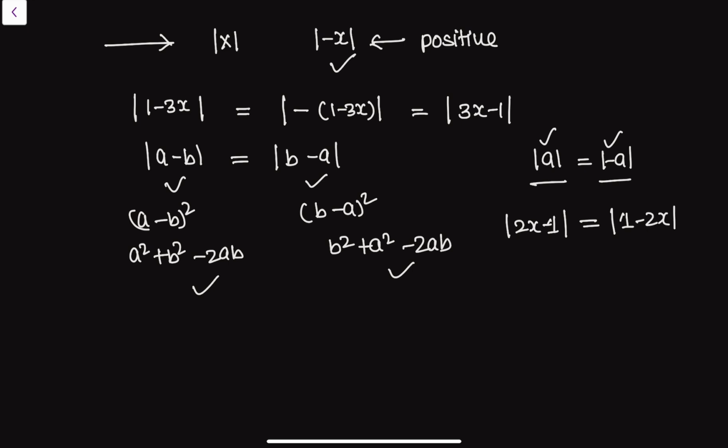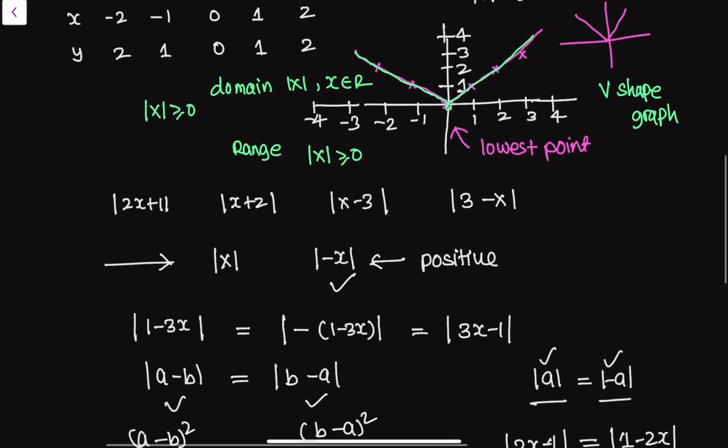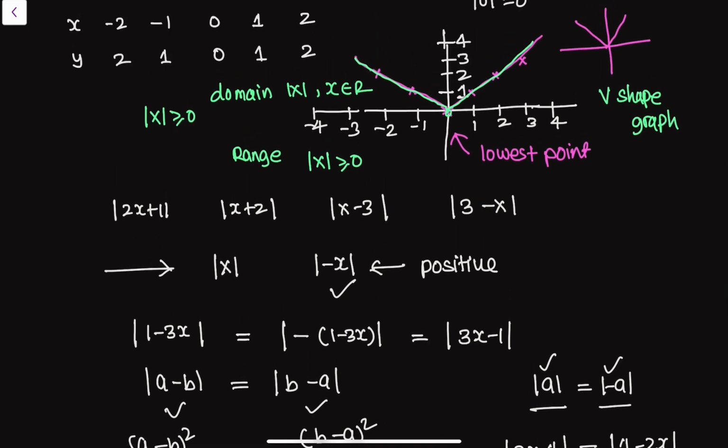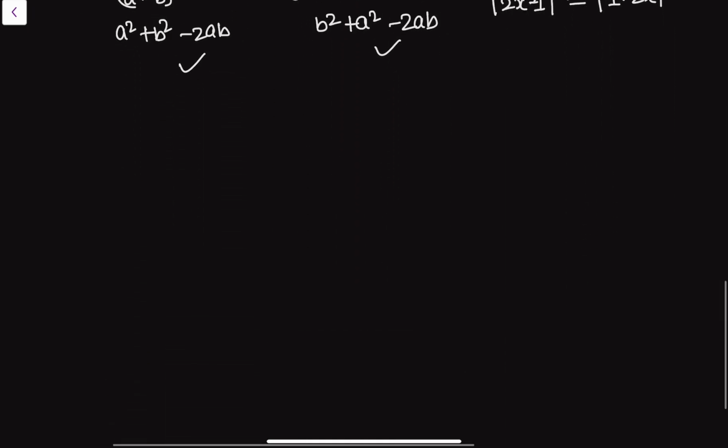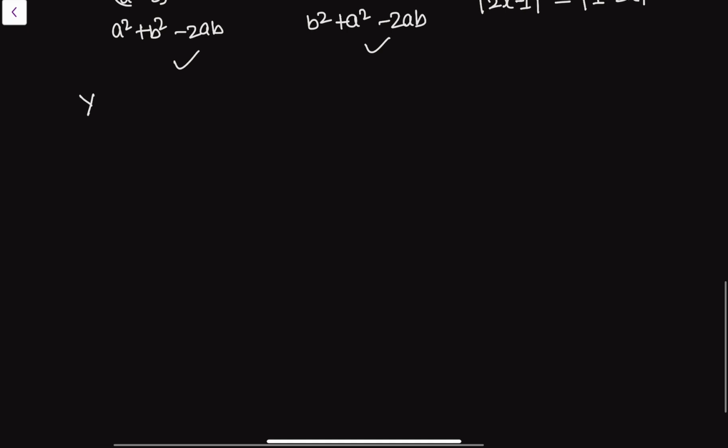Okay, so we can see the graph of a modulus function is always a v-shaped graph, and in this case y is equal to mod of x, the lowest point is 0. Similarly, let's say we have to plot the graph of y is equal to mod of x minus 2.